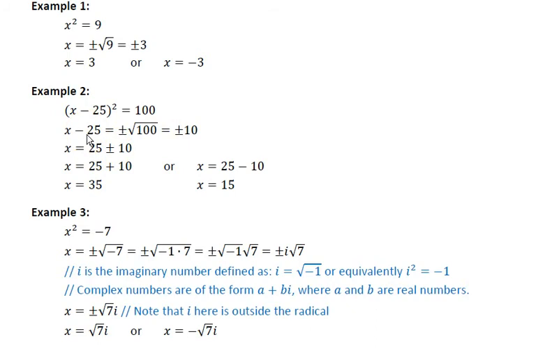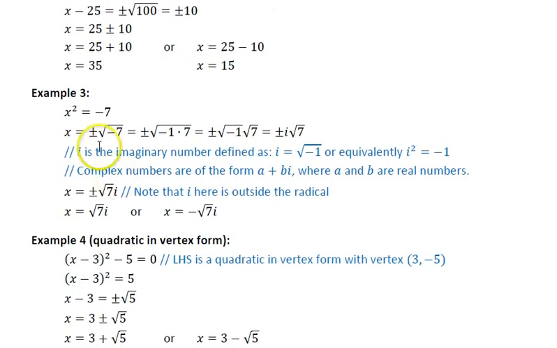Adding 25 to both sides, x is equal to 25 plus or minus 10, and this breaks down into x is 25 plus 10 or x is 25 minus 10, giving us 35 and 15 as the two solutions.